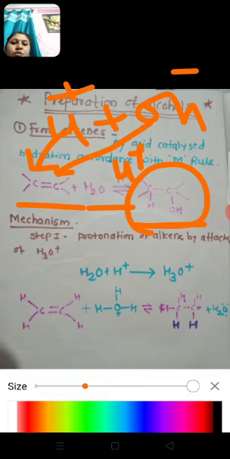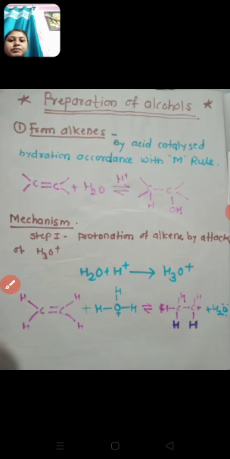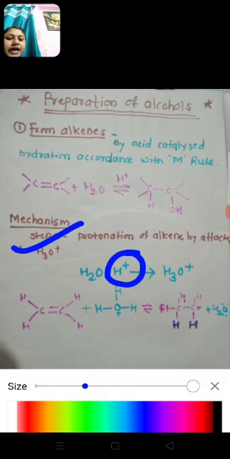The mechanism of the formation of alcohol takes place in 3 steps. The first step is protonation. Protonation of the alkene takes place in the presence of acid. The H plus ion from the acid combines with water and forms H3O plus.